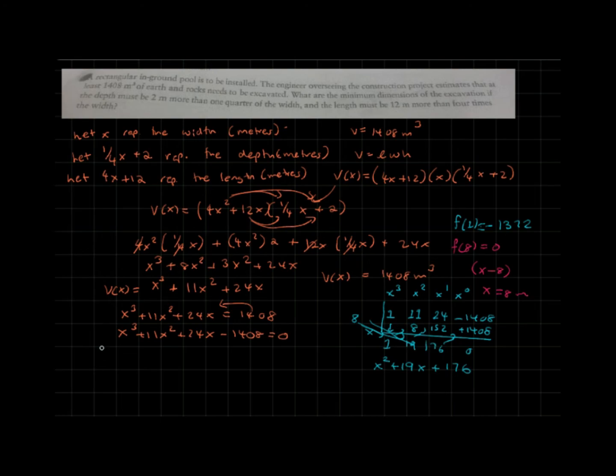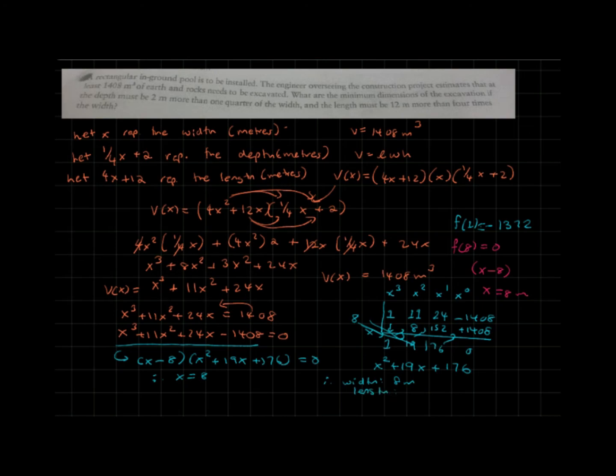Technically, if I did factor this out, all of this can be written as x minus 8 times x squared plus 19x plus 176 is equal to 0, and therefore x is equal to 8. So if x is equal to 8, we know the width is 8 meters, right? Therefore the width would be 8 meters.